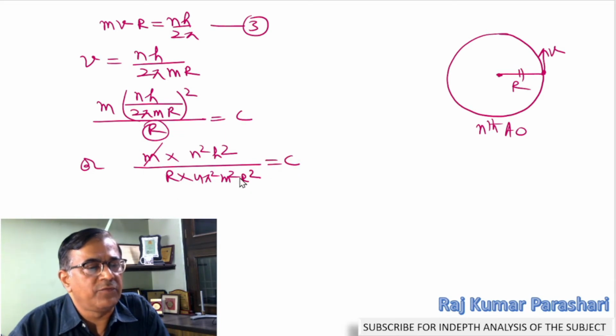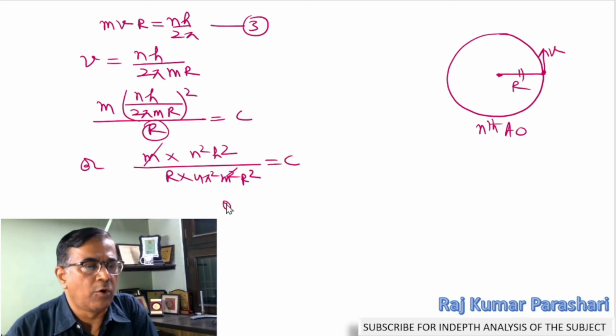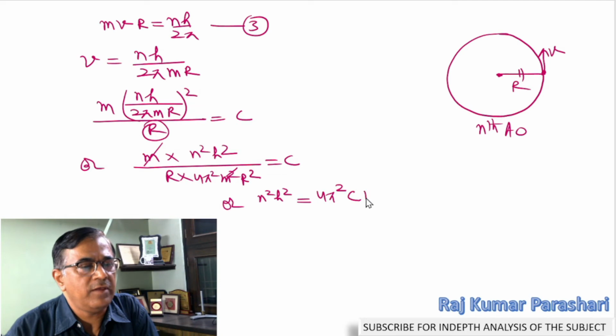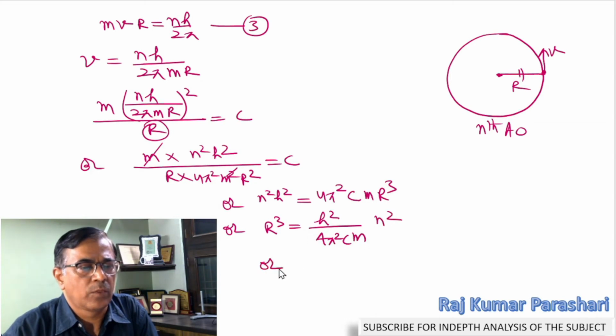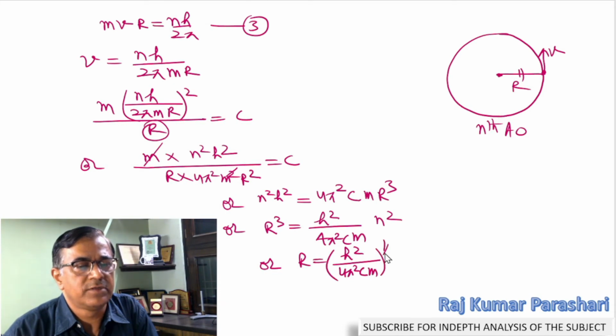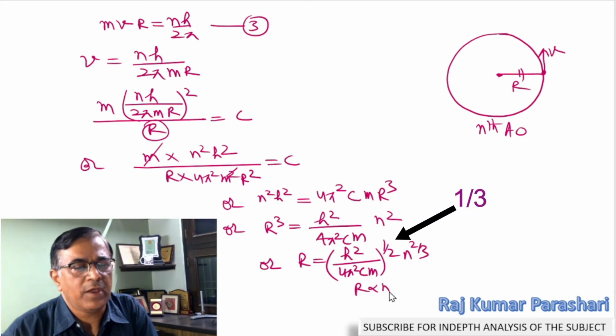Further, you see small m and small m will cancel, or n square h square equals 4 pi square c m R cube, or R cube equals h square by 4 pi square c m into n square, or R equals h square by 4 pi square c m raised to the power 1/3 and n raised to the power 2/3, and hence R is proportional to n raised to the power 2/3.